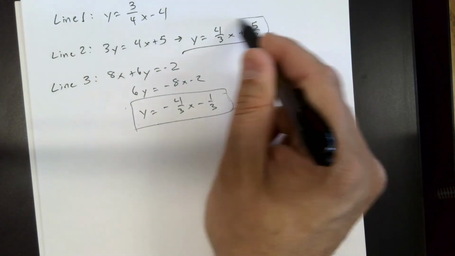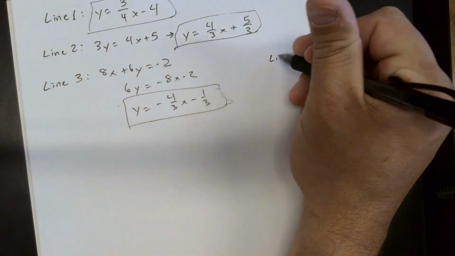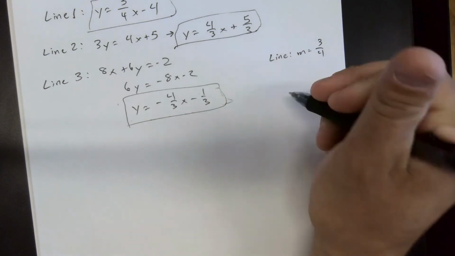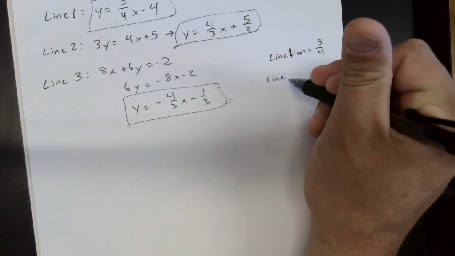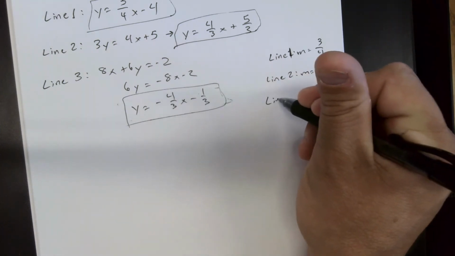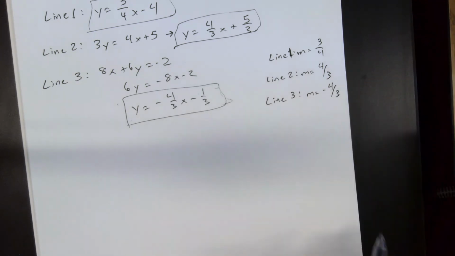And then I would write my slopes off to the side. So line 1, my slope is 3/4. Line 2, my slope is positive 4/3. And line 3, my slope is negative 4/3.